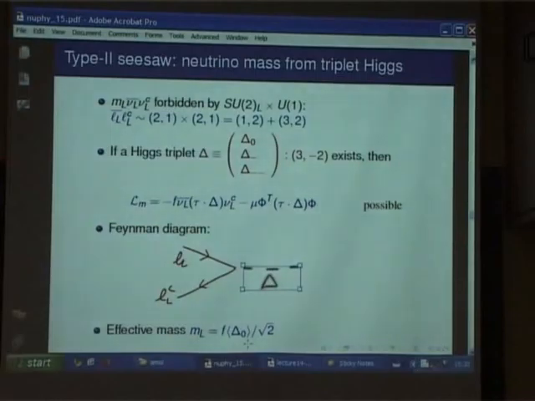Now the subtlety which I just wanted to mention is that once you introduce this delta, you also get a term that looks like this. Because just like L and L form a triplet, even phi and phi form a triplet. Because phi is also 2, 1.